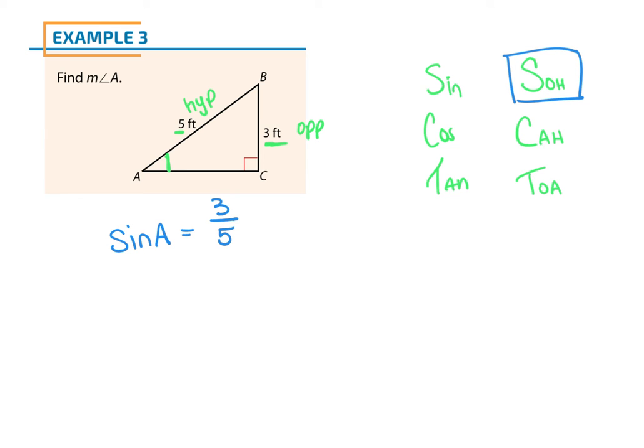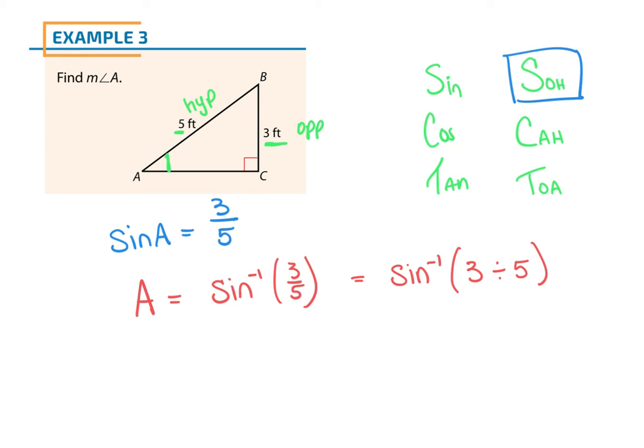I want to solve for A. If the sine of A equals 3 over 5, then A should equal the inverse sine of 3 over 5. In your calculator, you're actually going to do a division, right? Your fraction line is just a division.